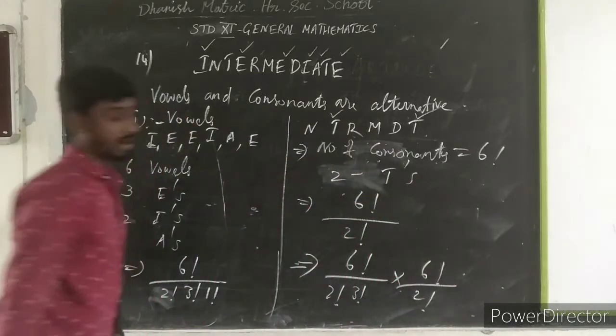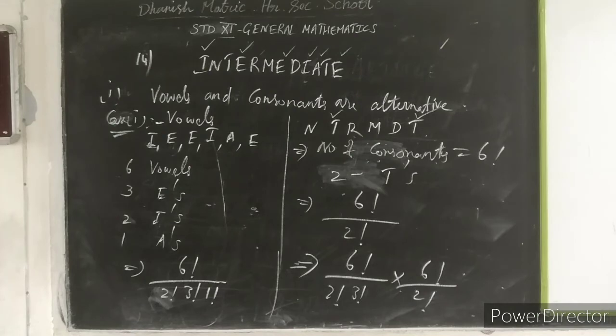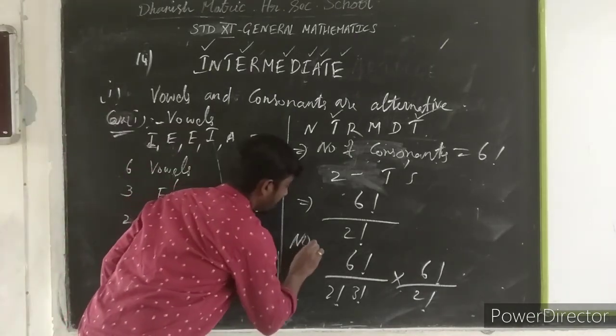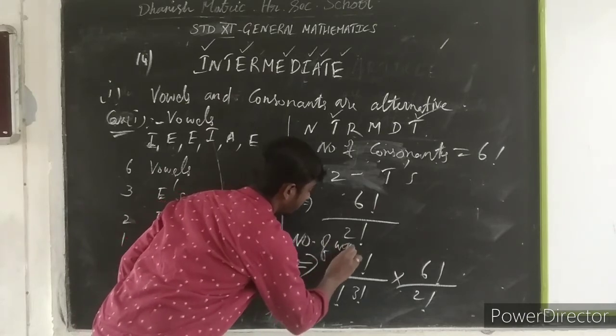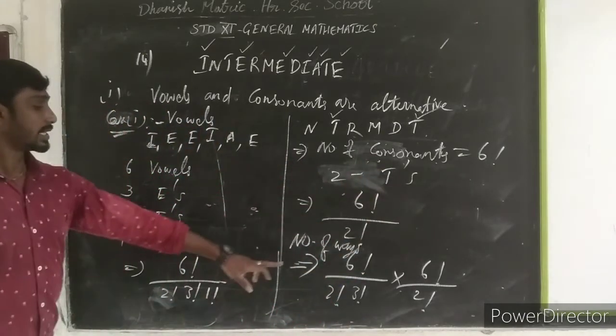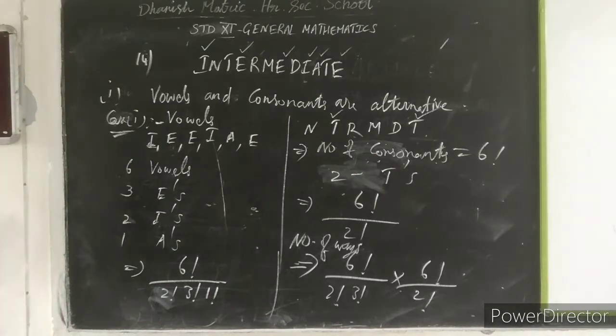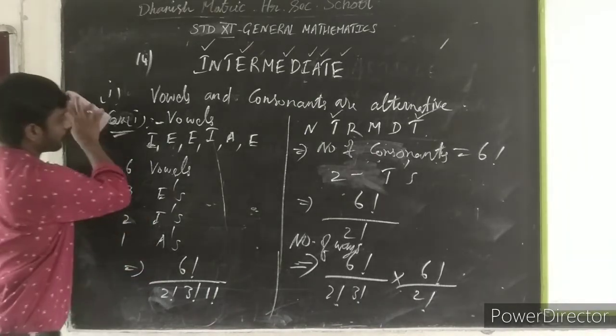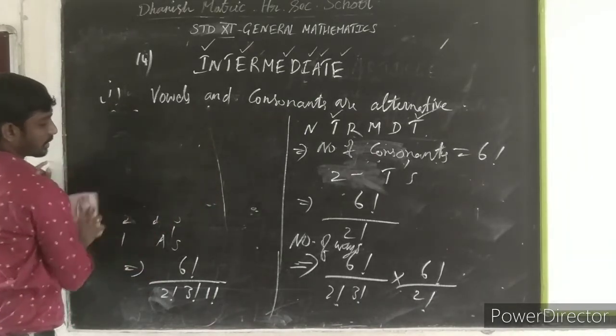So now write like this: 6 factorial divided by 2 factorial, 3 factorial, into 6 factorial divided by 2 factorial, because of the number of ways here.